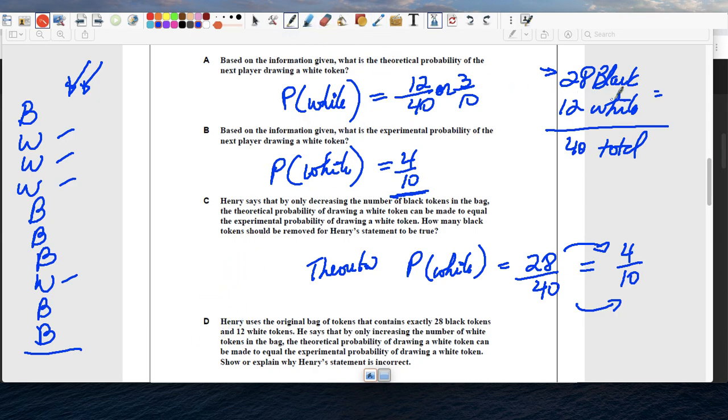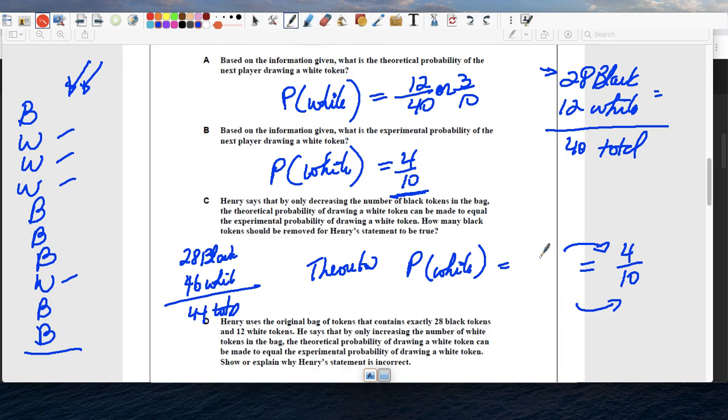If I add 4 to the white, so if I have 28 black tokens, and let's say I add 4 to the white tokens, so a total of 12, I'm going to have 16 white tokens. And that would give me 44 total. Well, let's try that.